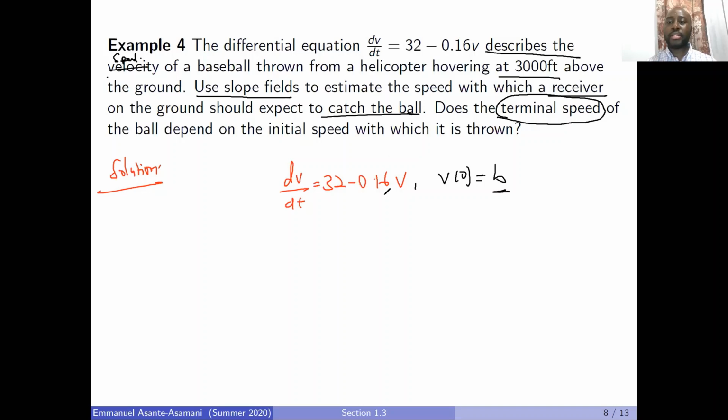How does it affect the terminal speed of the ball as it hits the ground? All right, so we are going to visualize this using slope fields, and we are going to plot at each point the vector (1, 32 - 0.16v). So let's go to Mathematica and do this.